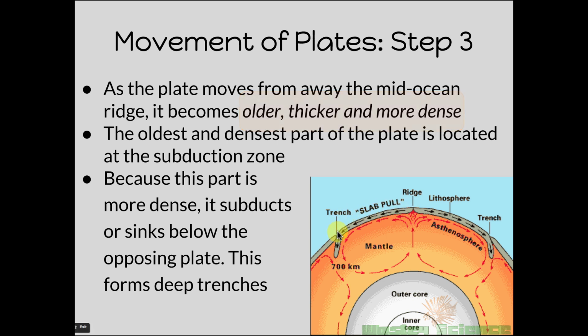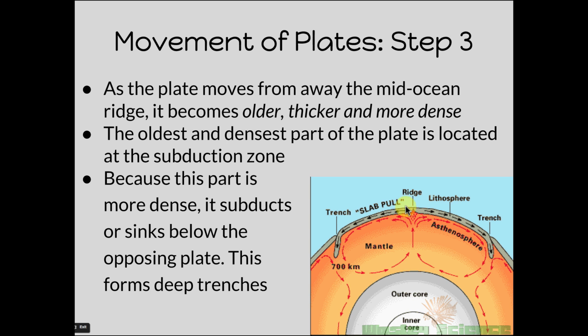But on the other side of the plate, it's the oldest, the thickest, and more dense. It's very easy to tell that these plates become older and thicker and more dense as they move away from the ridge, which makes perfect sense because this is where the plate is being born.